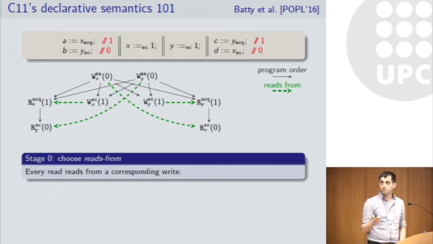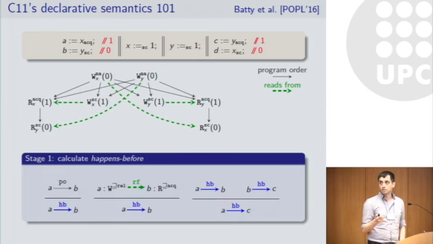And now I'm continuing to the next stage. It tells me you have to calculate the important relation called happens-before. These are the rules for how to calculate happens-before, with some simplification. If you have a program order between two accesses, then you have happens-before.